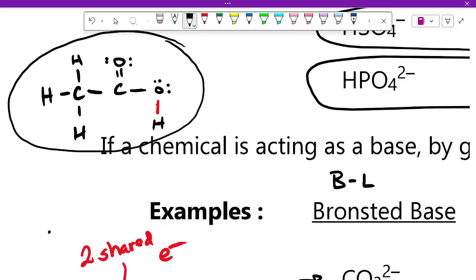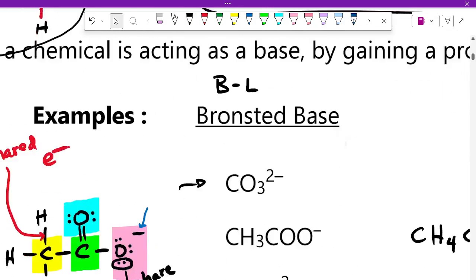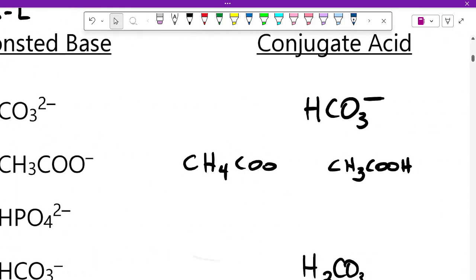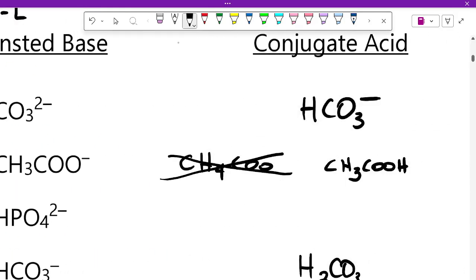What's its formula going to be? CH3COOH, because that H attaches to the last oxygen, which is why we write that in the strange format that we do. That's why we don't just write C2H4O whatever, we actually write out the whole thing. So this becomes CH3COOH.